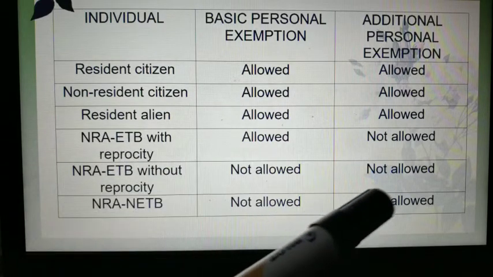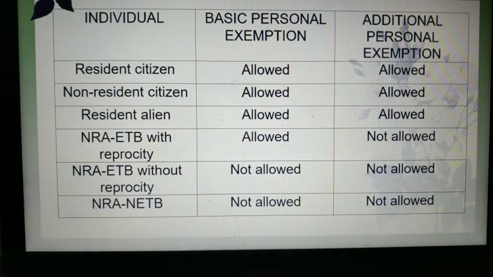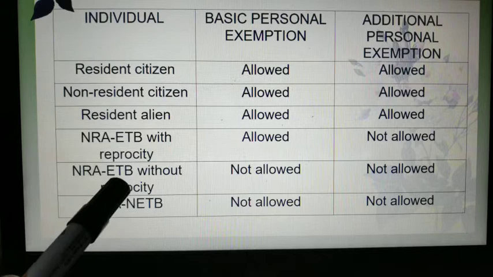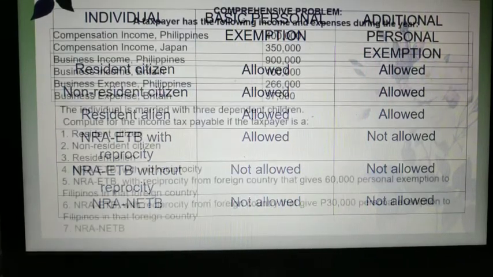And then, tatlo rin yung hindi allowed. So furtherly, if you wanted to understand more about this type of individual taxpayers, makikita or ma-understand nyo yan dun sa income, business, and taxation part 2 na video. Okay, so let us proceed.